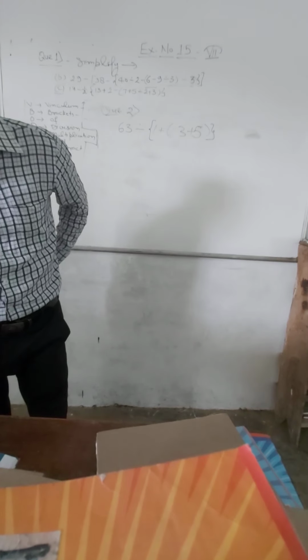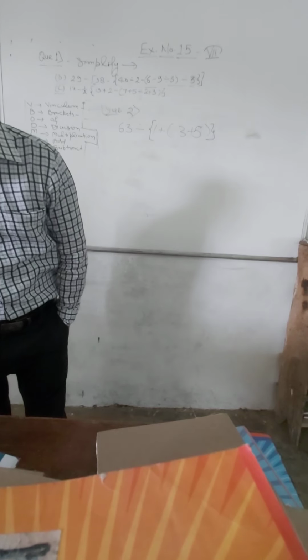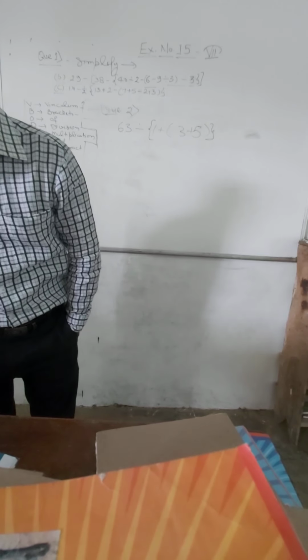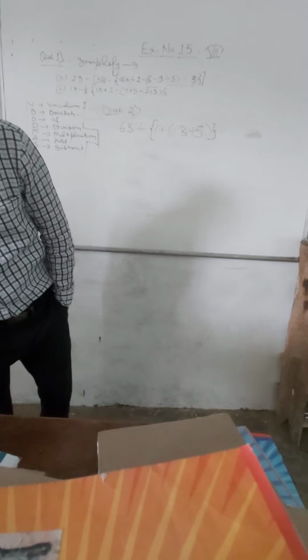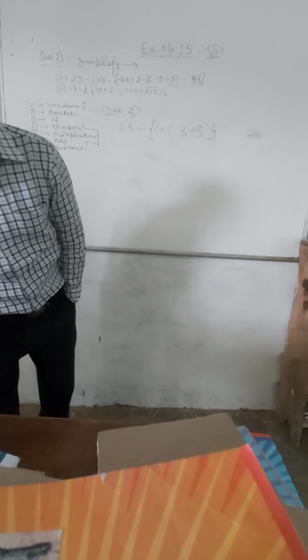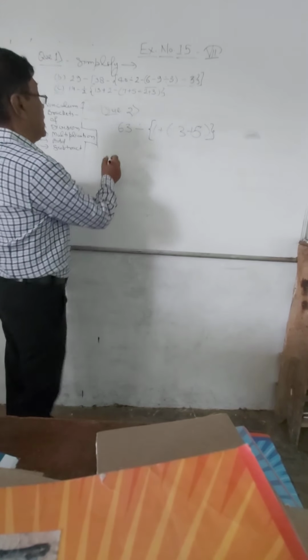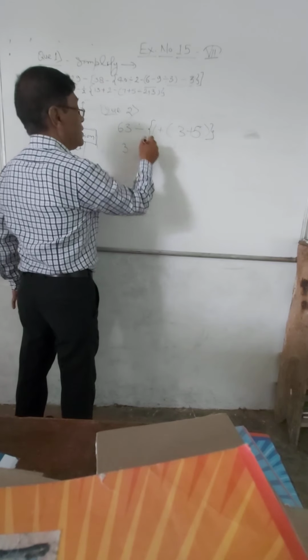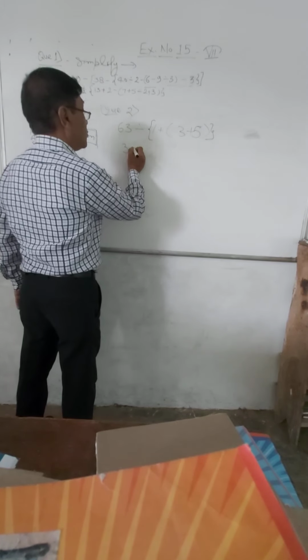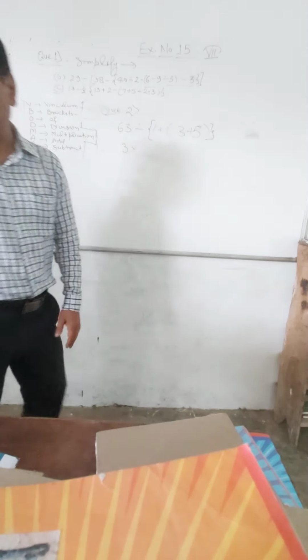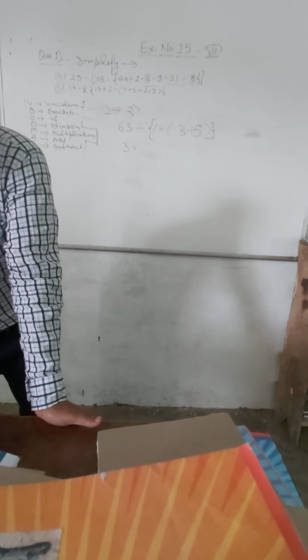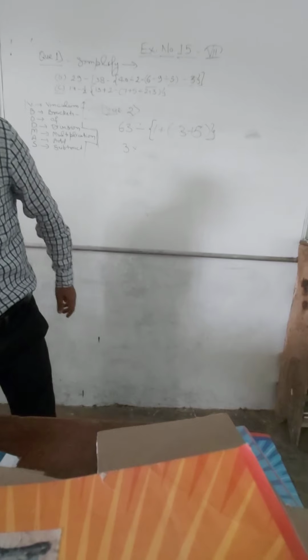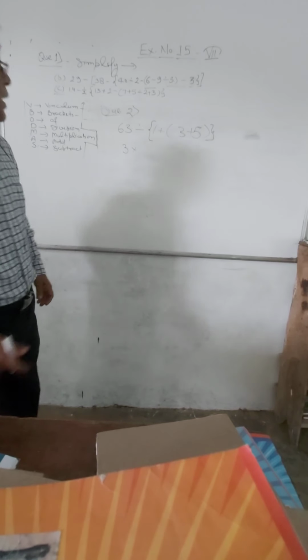Next, 3 multiplied by 2 less than the difference of 16 and 4. 3 multiplied by, so for multiplied by you can start the bracket also. Suppose first we make this one. 3 multiplied by what? 2 less than the difference of 16 and 4.